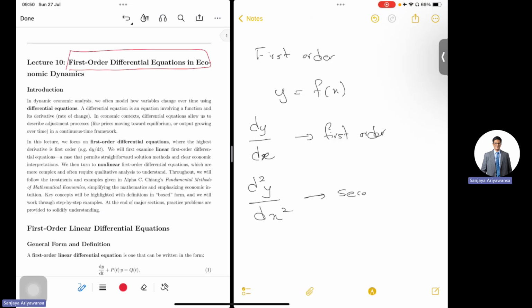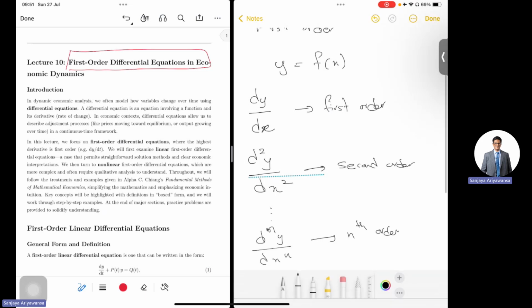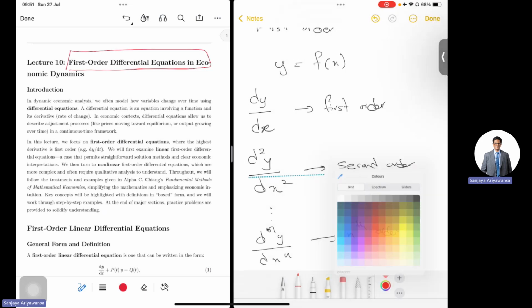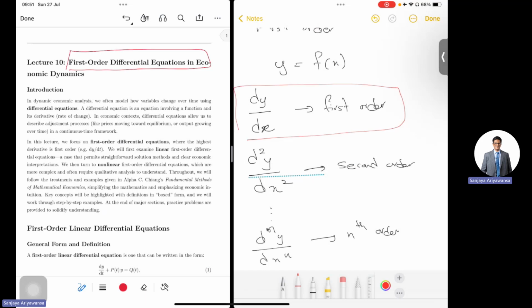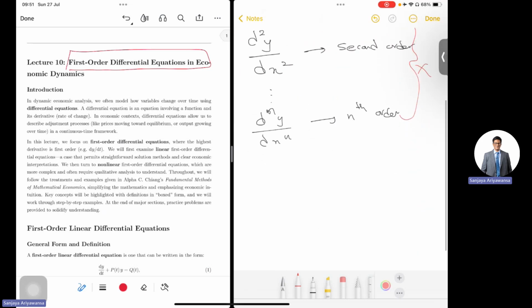That's my second order. If I want to likewise take the nth order, d^n y by dx^n, that will be the nth order derivative. So here we are only focusing on first order. So we do not have any of this in our equation. That is what is meant by saying first order.